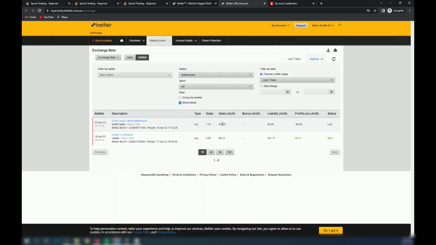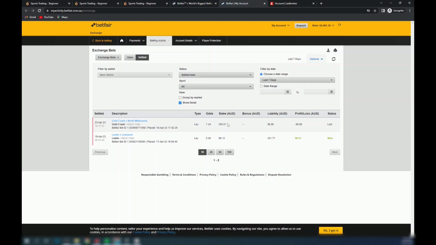That's something important to remember. The amount we win in a lay bet is the amount that we stake. Now, in reality, the amount that we actually win is the stake minus the commission, because Betfair needs to take a cut. That's how their platform operates. They take a cut of all winning bets.